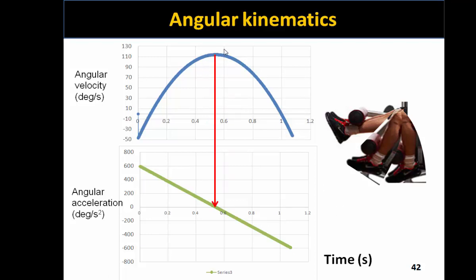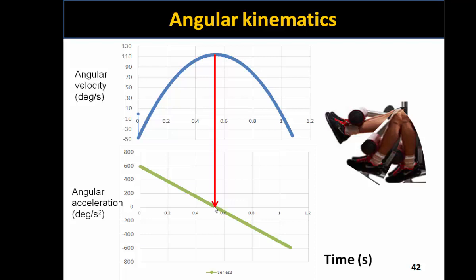So if we start and locate the largest value, the greatest value for angular velocity, we see it's at the apex of this curve. And then we know that at the apex of this curve, the slope is going to be horizontal or zero. And so we can automatically assume that the graph here will be zero.